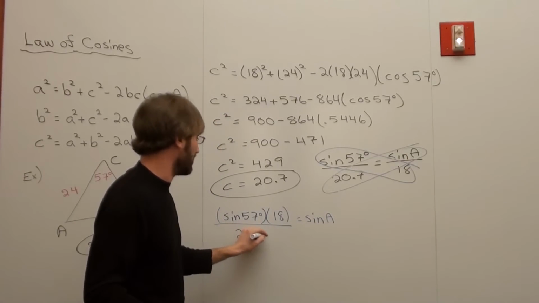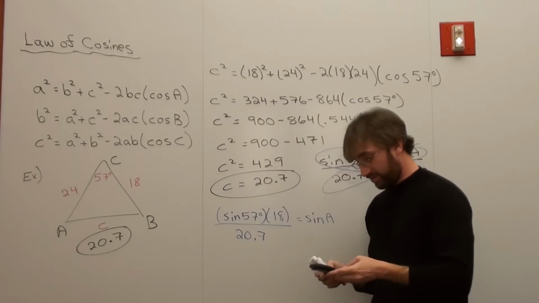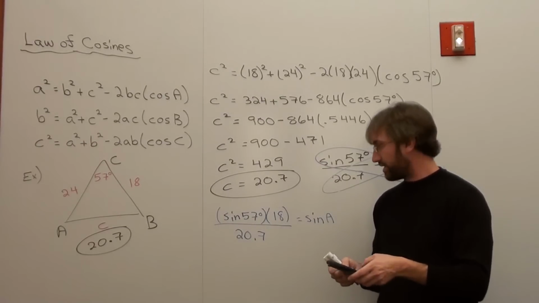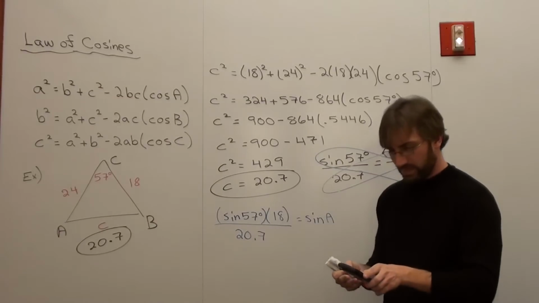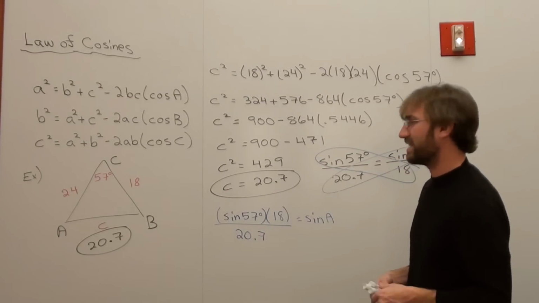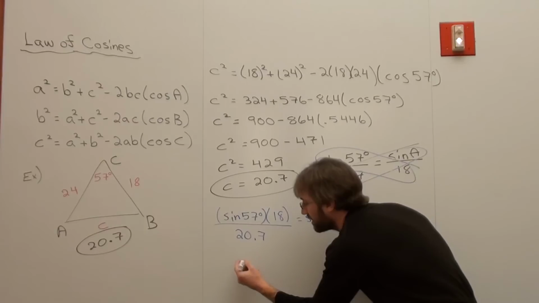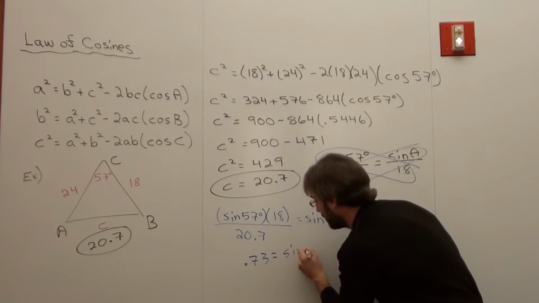That's why I got 20.7 under here. I don't know what that is off the top of my head, but that's okay. So I do the sine of 57 degrees multiplied by 18, divided by 20.7, and I get about 0.73. Not exact, but I'm going to take the inverse sine of 0.73 anyways. So about 0.73 equals sine of A.